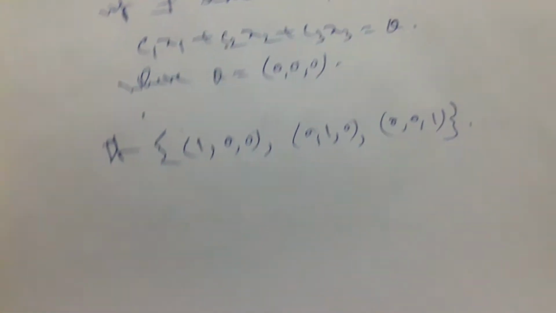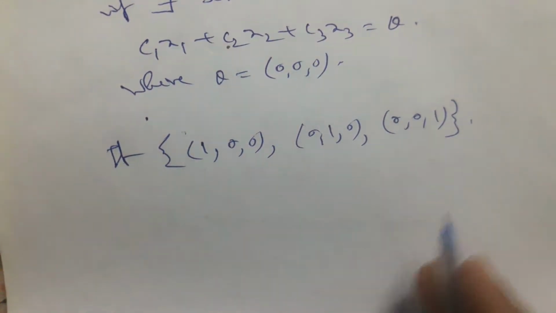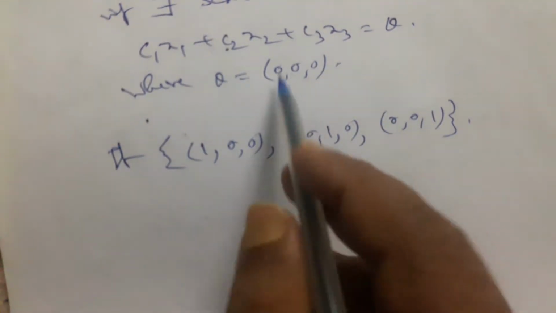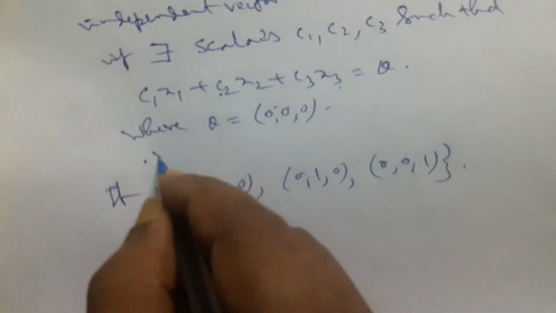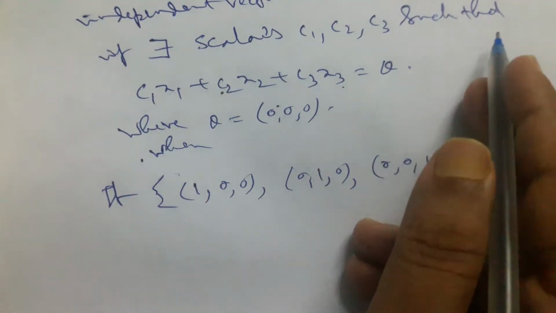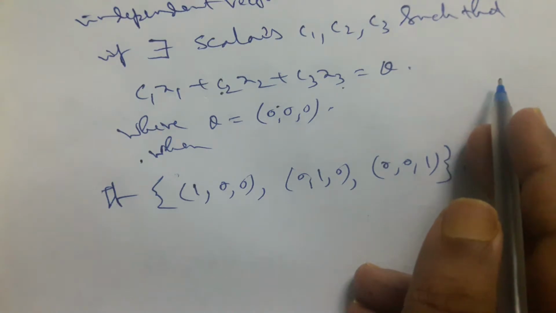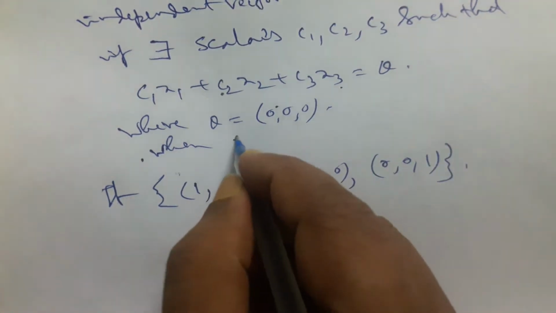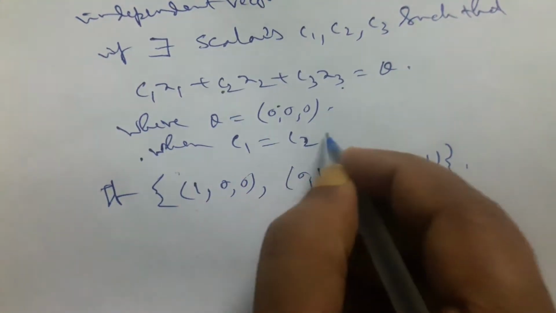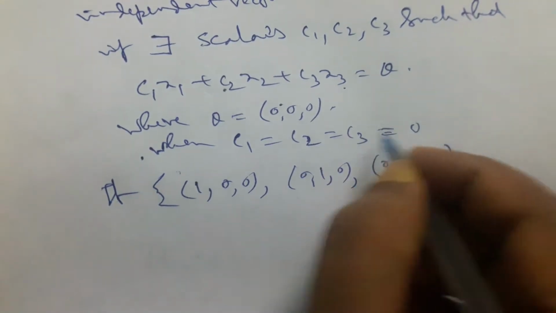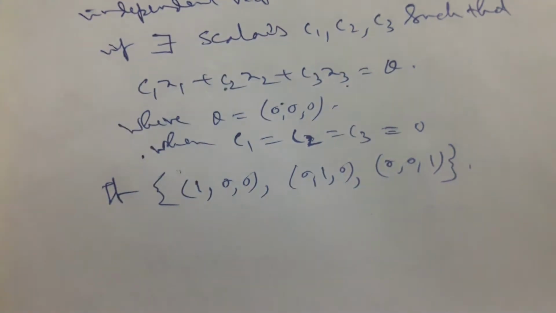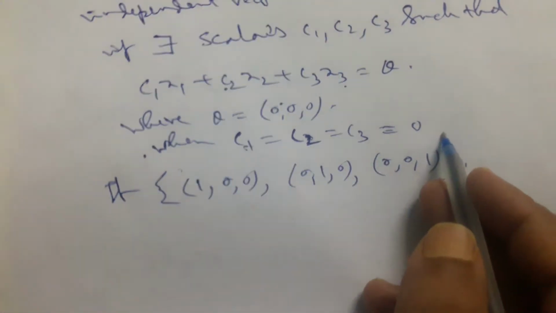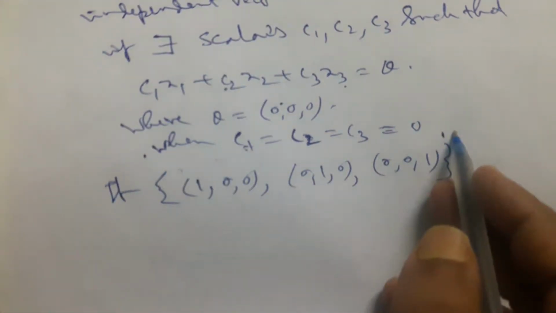Then we test whether it is linearly dependent or linearly independent, and here is the criteria where theta is this, then when c1 is equal to c2 is equal to c3 equals to 0. That means if all scalars are 0, then we call it linearly independent. It is our criteria.